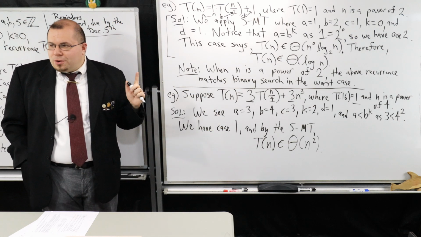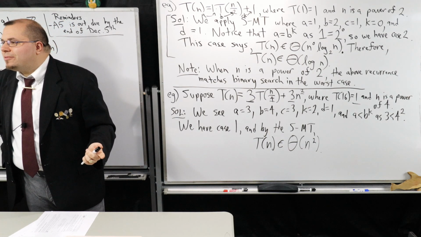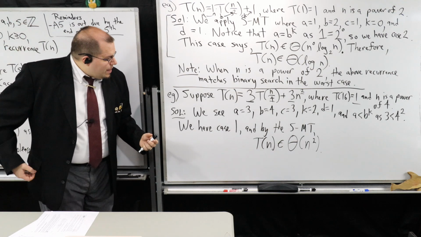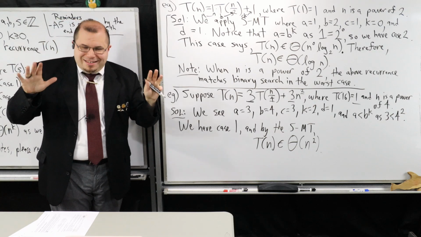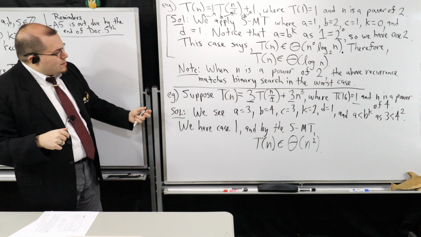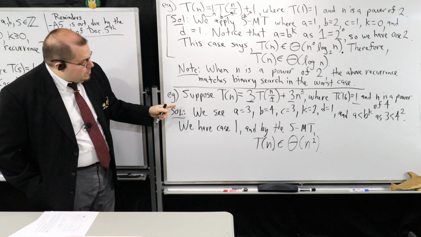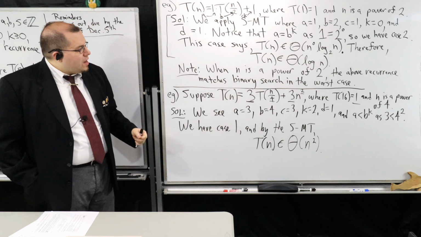Okay, so if we're okay with this, I'm going to proceed. Do we need to state the theorem every time? Can we just say using SMT? What I recommend doing is this: the simple master theorem is indeed a theorem, so at some point you need to invoke it somewhere. You could say, using the simple master theorem, we see a is equal to this, this, and this.